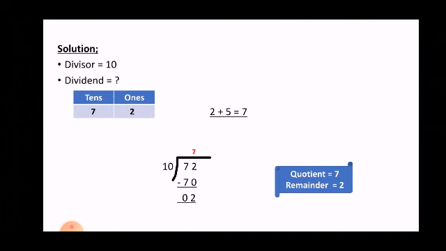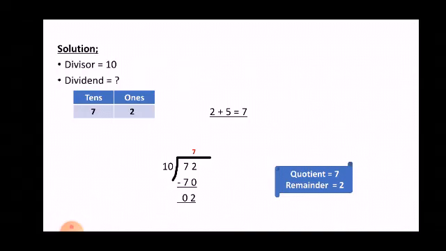So we found the correct dividend and divisor, because by dividing them we get the digit on the ones place of the dividend, that is 2, as the remainder, and the digit on the tens place of the dividend as the quotient.